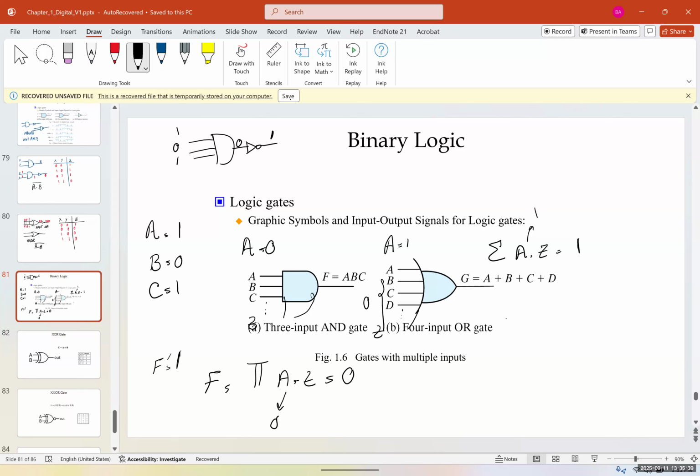So for an OR gate, if one of them is 1, the answer would be 1 regardless. So if you see this in a question, only one of them needs to be 1. And the only situation that the output is 0 is if every single input is 0. And for an AND gate, it's the opposite. If every single input is 1, then the output would be 1. If just one of them is 0, the output would be 0. Is it clear? Can I go to the next slide?